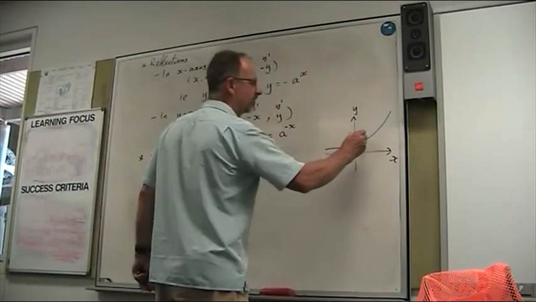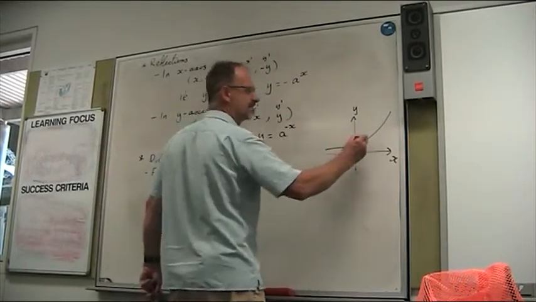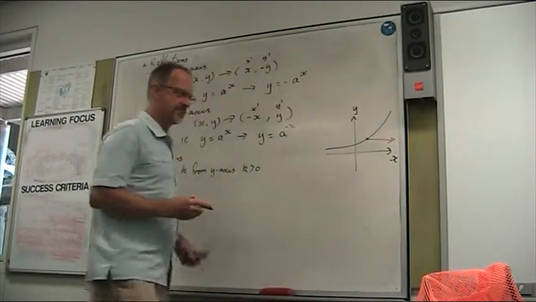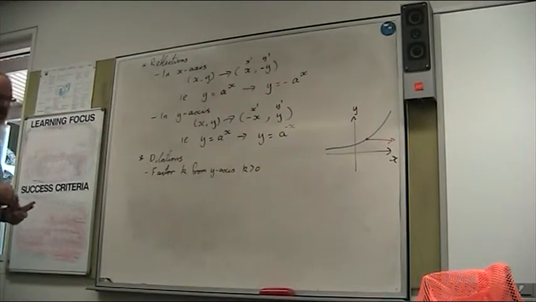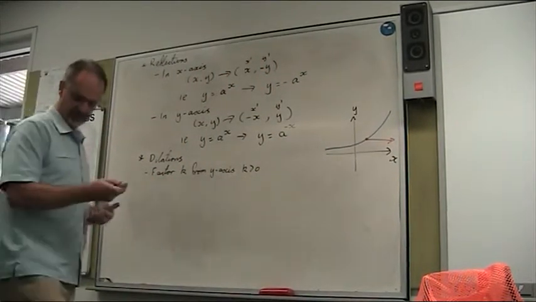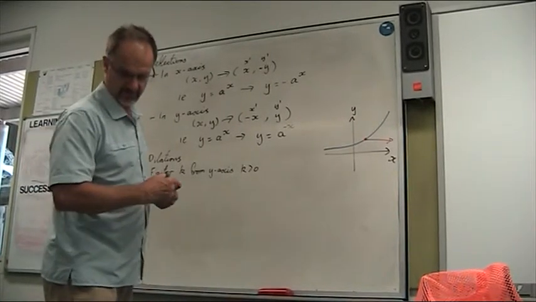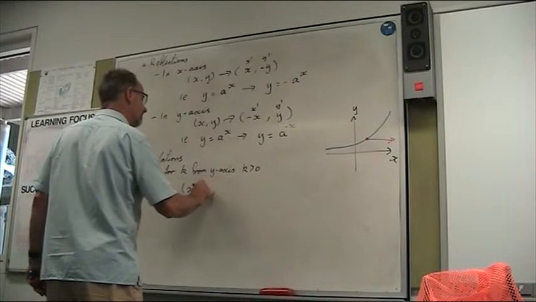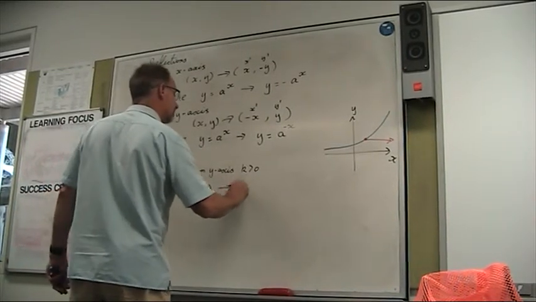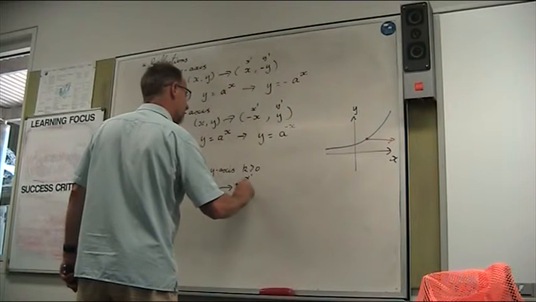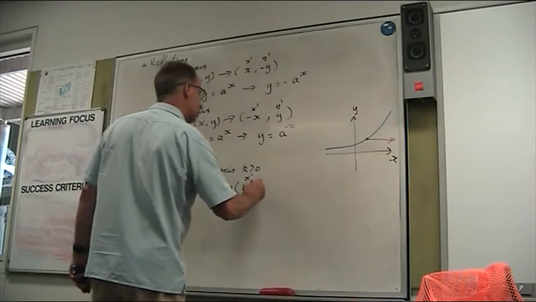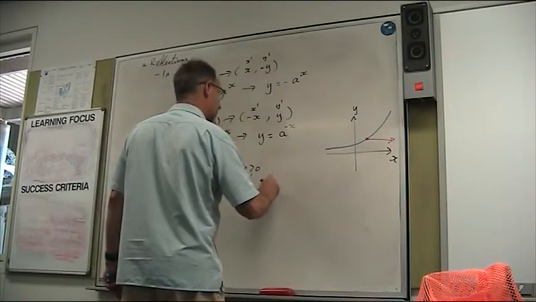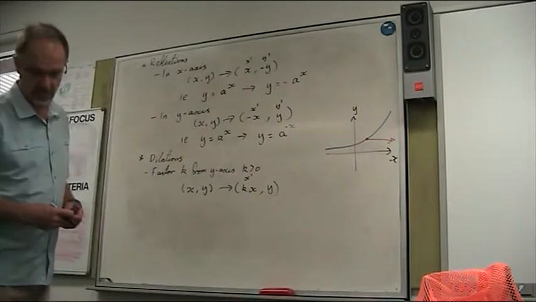So if we take a point and we're doing it from the y-axis, then it's moving that way. So what changes? The x changes. So what that means is x and y, they change. The new x is k times whatever the old one was. And the y stays the same.